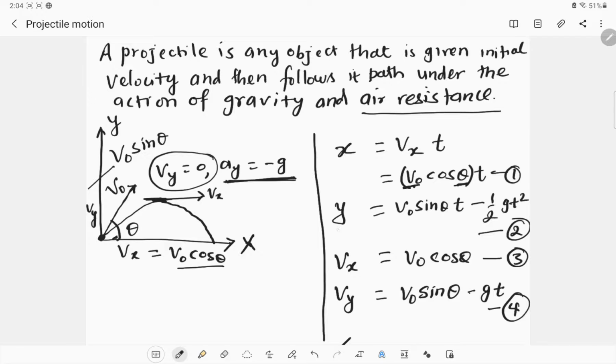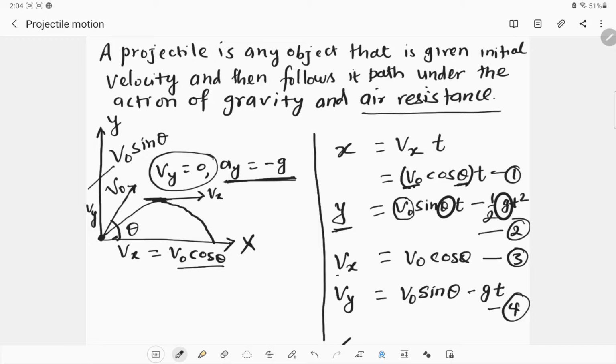Similarly, the y position depends on the initial velocity and angle, and also a third thing, the acceleration due to gravity, because it is the controlling factor for the vertical movement.